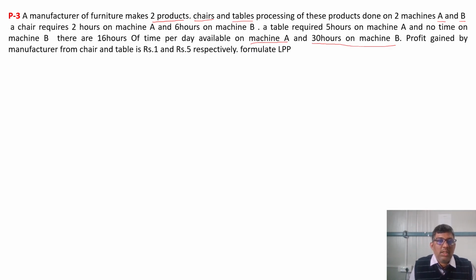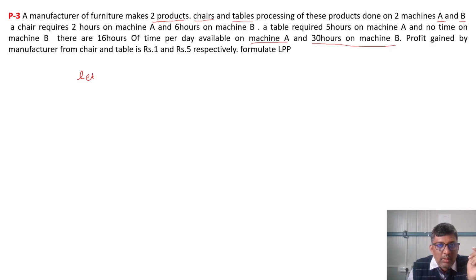The first one is decision variables. So we have to identify the decision variables in this problem. Here we have two decision variables. Those are the two products developed from these two machines, right? So I will write the statements here.